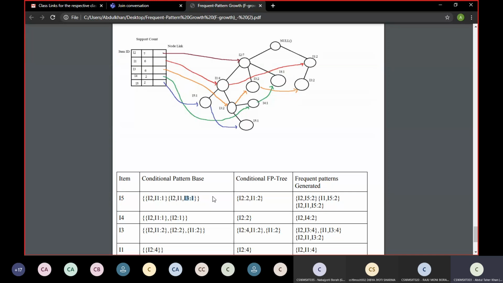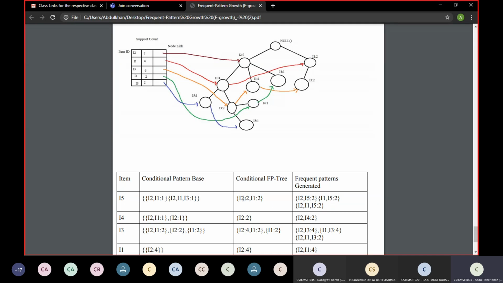Now we have to join with I5, means I2, I5 and 2, right? Next we have I1, I5, 2, means we have to just join I2, I5 and the count 2.